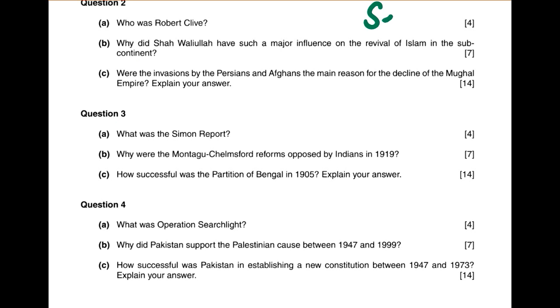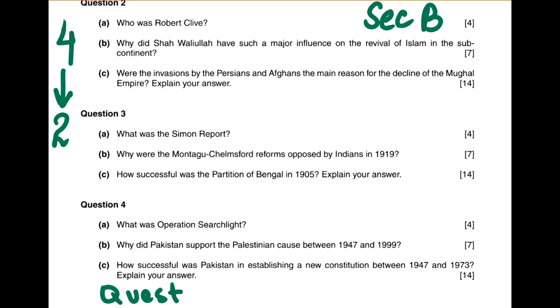Let us move on to Section B. Now, I told you Section B has 4 questions in which you have to attempt 2. Question 5 is also present here. It didn't fit on the screen, but I will show you that question in just a second. So you'll see that question 2, question 3, question 4, and question 5 each have 3 parts: A, B, and C. And each of these parts have the same marks.